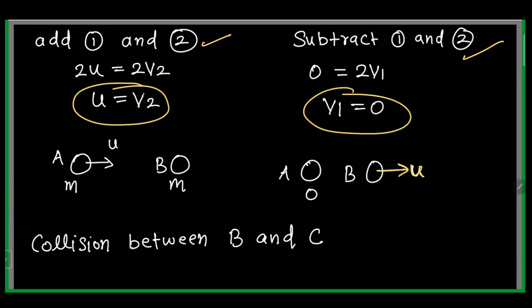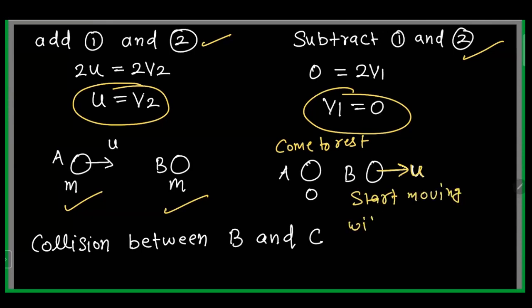So I want to make this point very, very clear. Whenever one object is moving with velocity U and the other object is stationary and both have the same mass, the first body which was moving will come to rest, and the second body will start moving with the same speed.